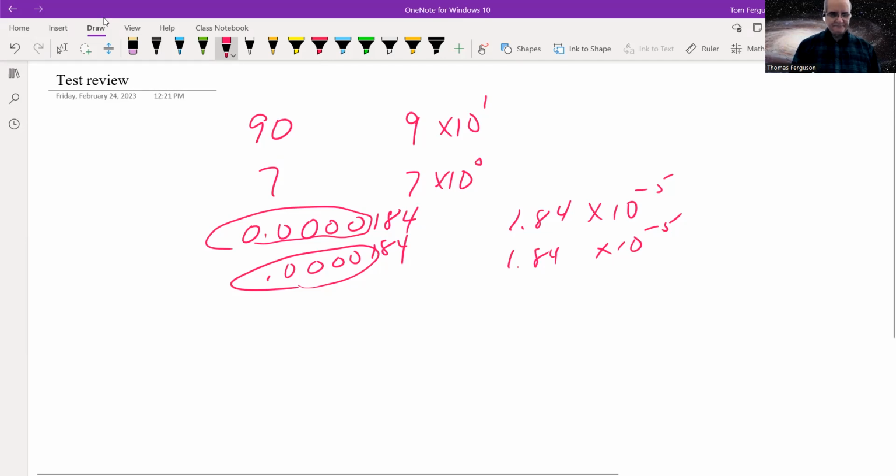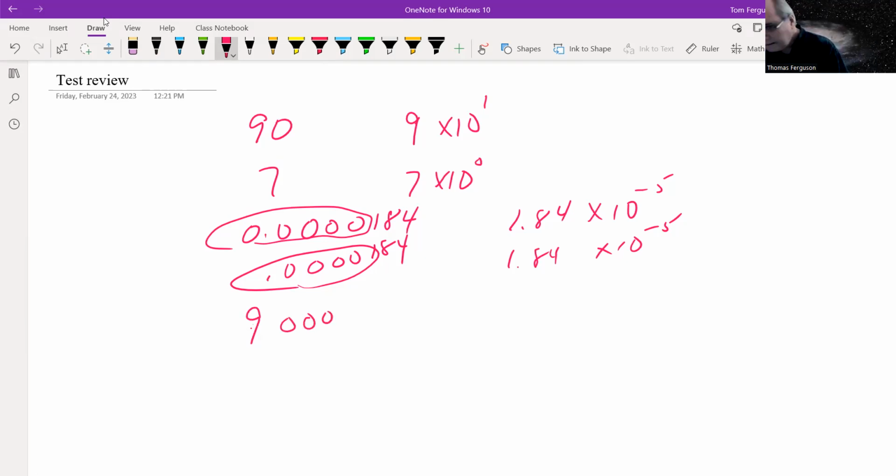All right, sig figs. Sig figs on this one. We've got zeros in the middle that count, zeros at the end. And is there a decimal point there?